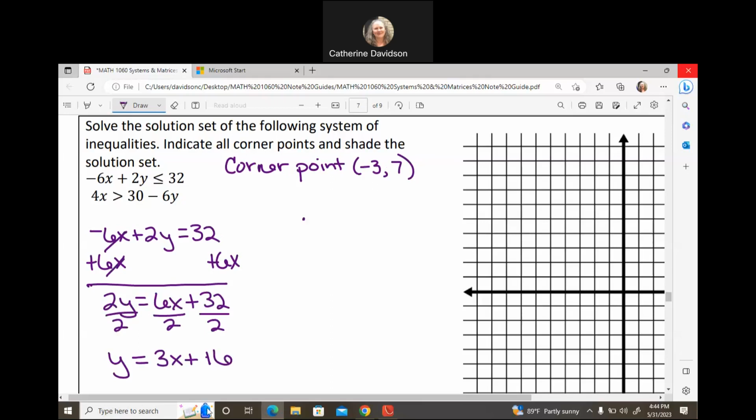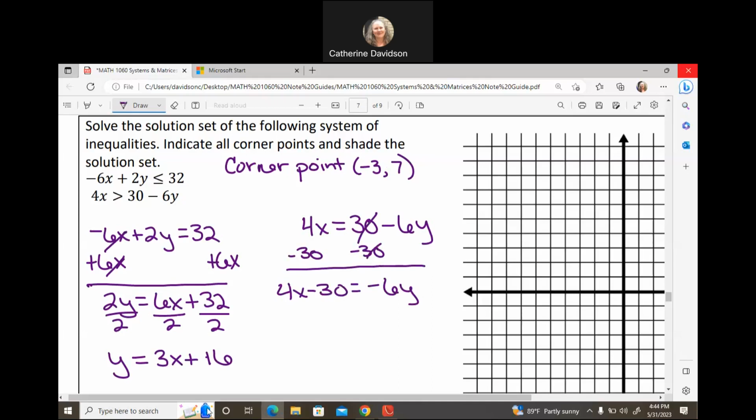I'm going to go ahead and solve the second one. Setting it up with an equal sign. I'm solving for y, so let's move 30 first. If those cancel out, I bring down a -6y.